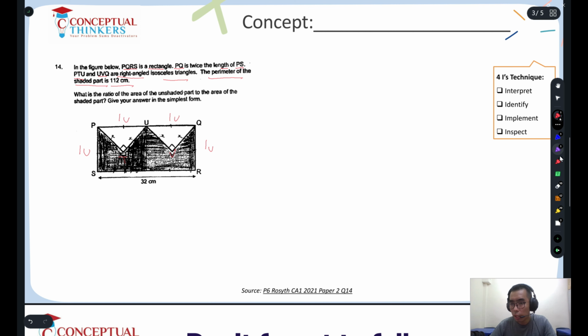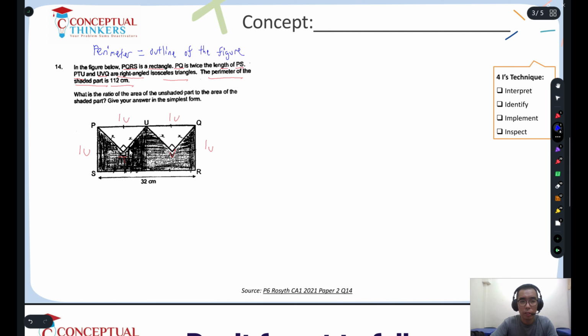So let's highlight the perimeter. Now perimeter is the outline of the shaded part. I feel that some students may not be able to differentiate between perimeter and area. So let me write down: perimeter is equal to the outline of the figure.